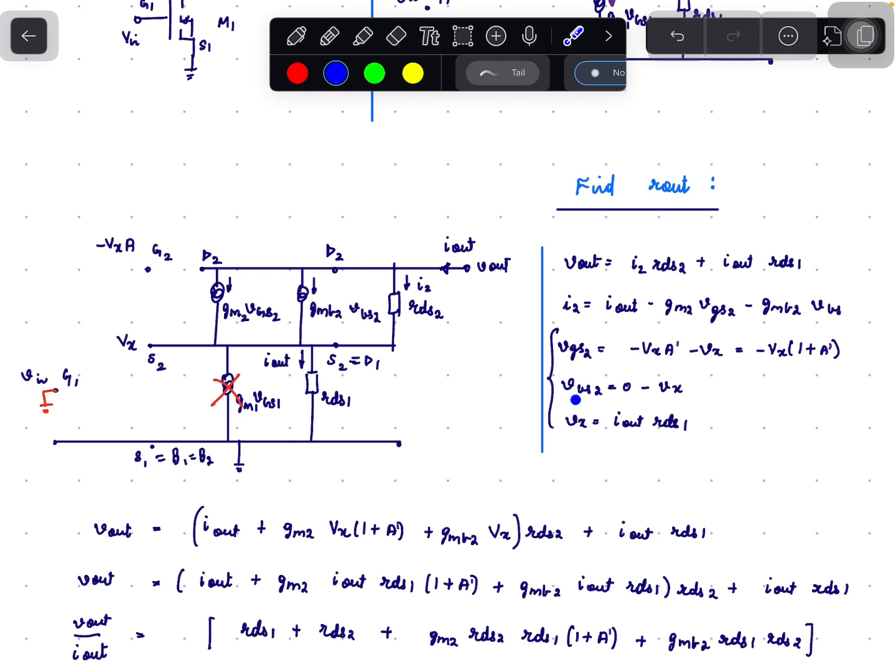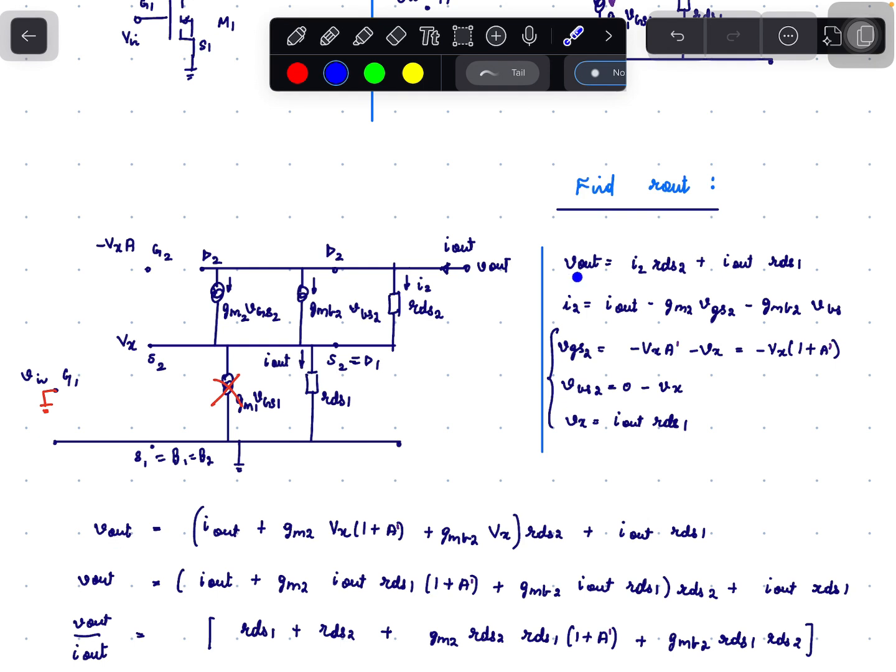And what is VBS2? The source voltage is at Vx, the bulk voltage is at ground, so VBS2 is minus Vx. And what is Vx? Vx is the drop across RDS1, that is I out times RDS1.